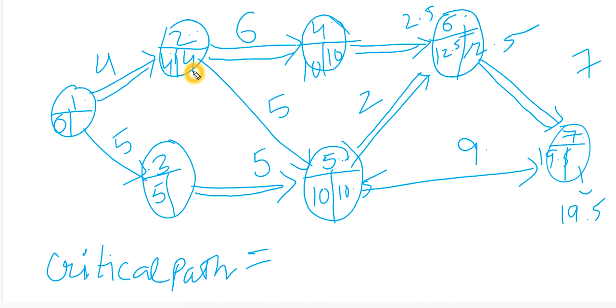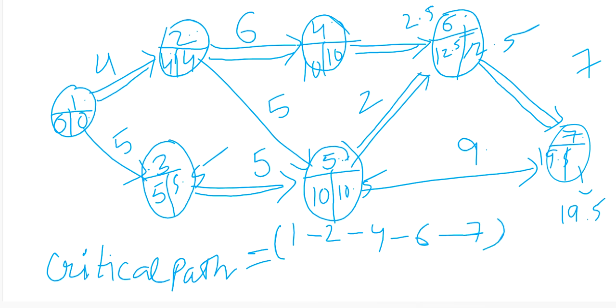So I have taken the smaller one, and 4 minus 4 is 0. So here we are. I'll write the critical path now: 1 to 2, 2 to 4, 4 to 6, and 6 to 7.